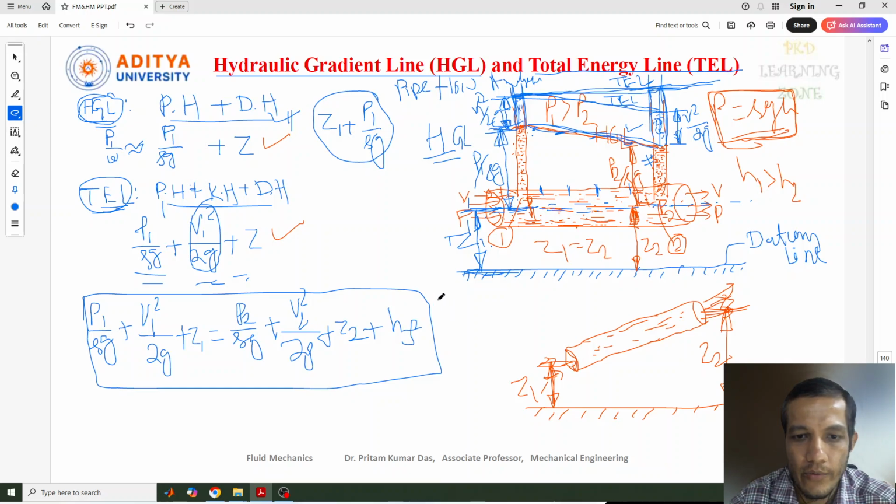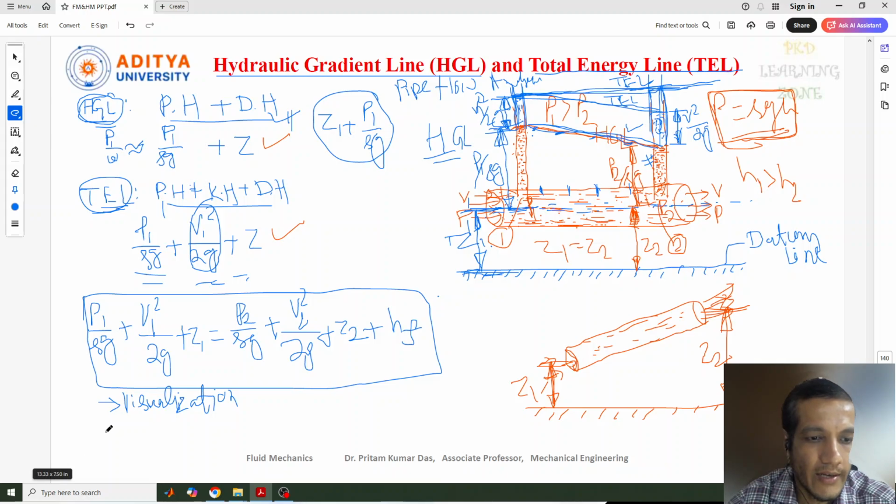First point, let me write here: when there is a fluid flow, and whatever flow activities are happening here, we can easily identify by the energy losses. By visualization, we can identify what the energy losses are during this fluid flow.